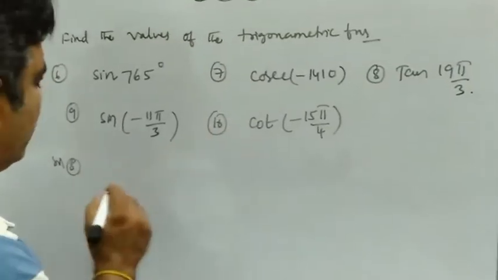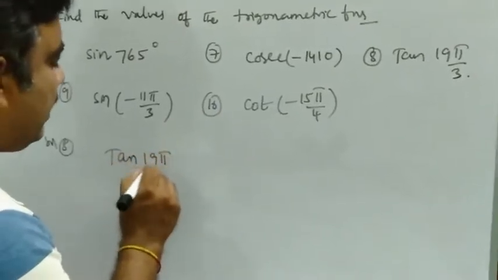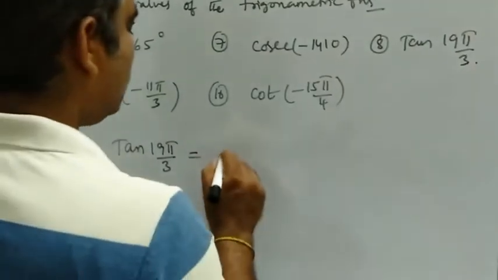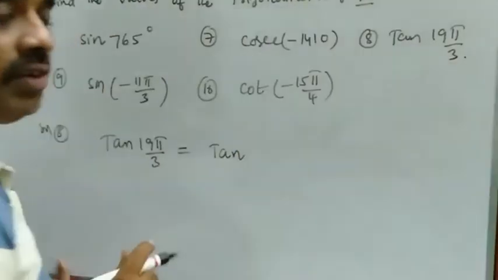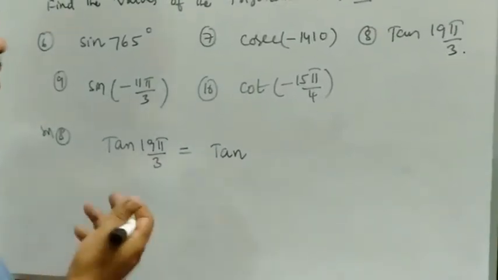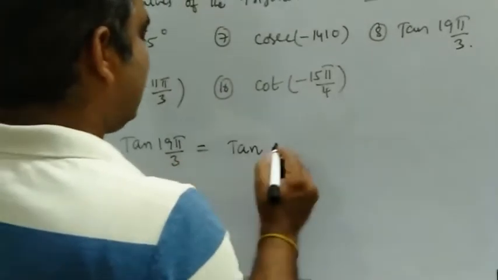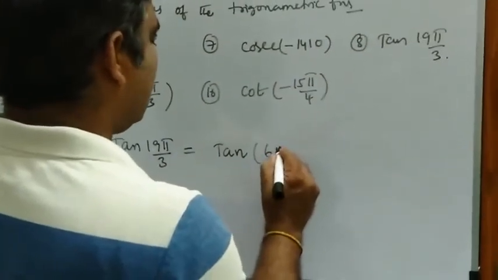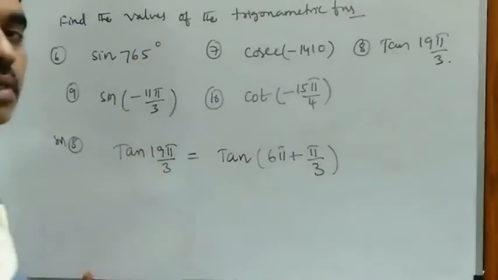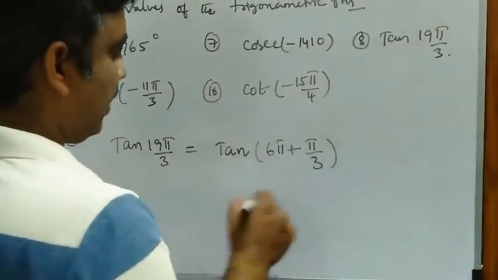Now the third one, that means the 8th one, tan 19 pi by 3. We know that the tan x function repeats after the interval pi. So after a pi interval you will get the same values for tan x. So tan 19 pi by 3 can be written as tan of 6 pi plus pi by 3. 6 threes are 18 pi, plus pi, 19 pi by 3.